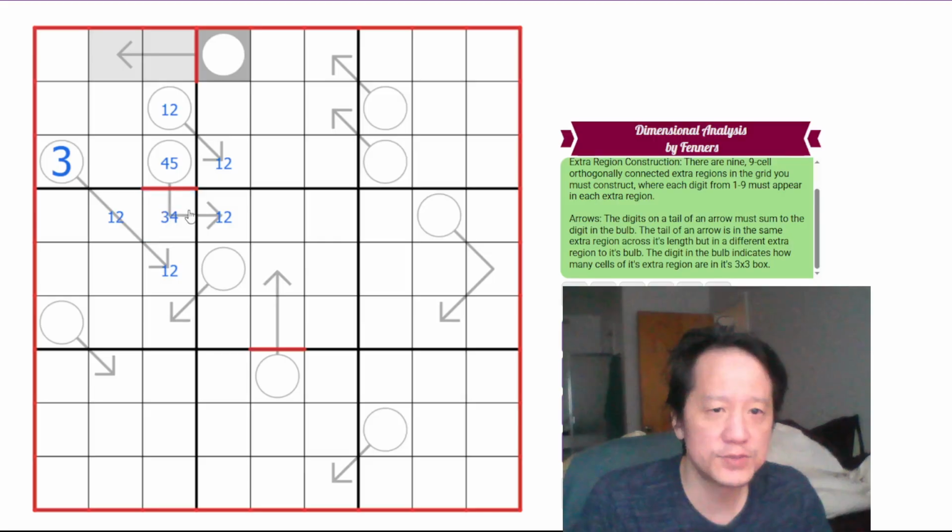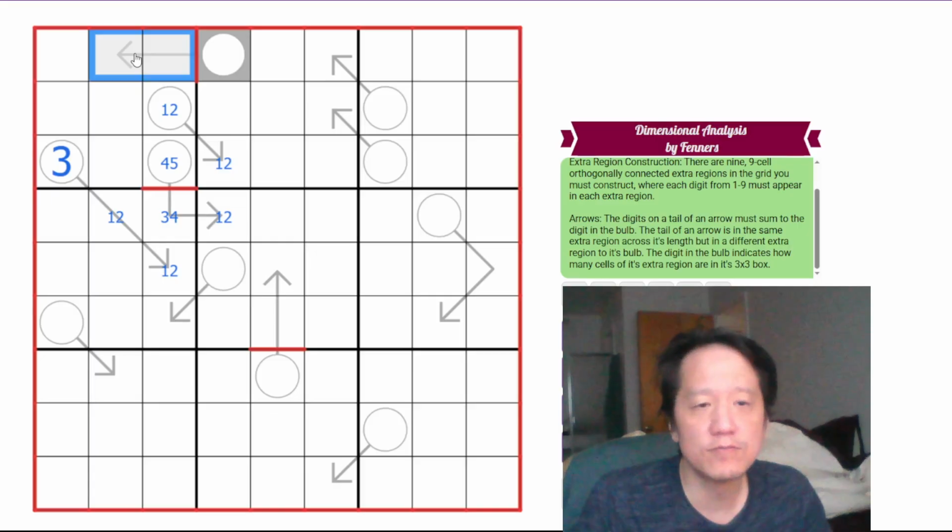If this is 3 and 1, this would then be 4, 2, and 2. So this region cannot be the same as this one, because if it were the same, this would be already 3 cells. So this has to be a different region.